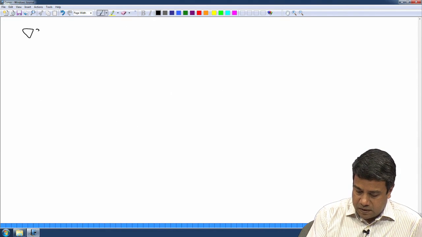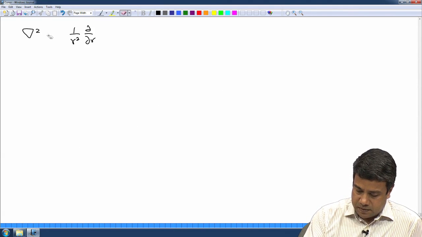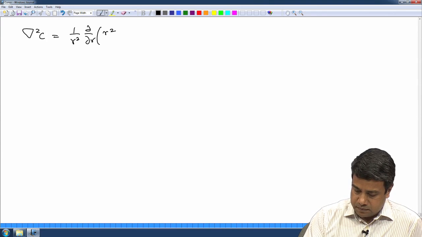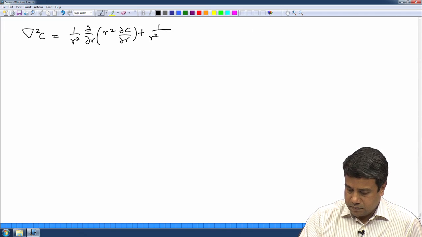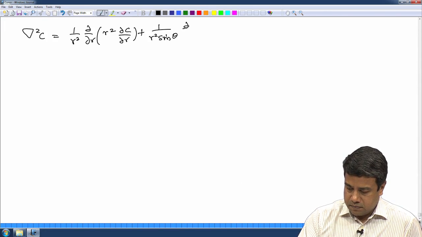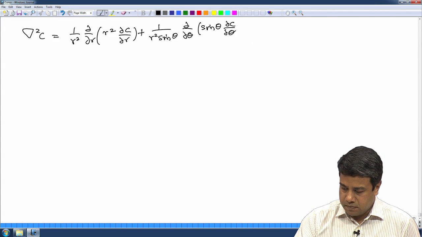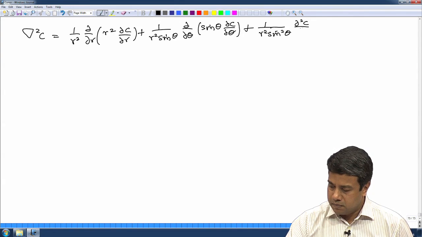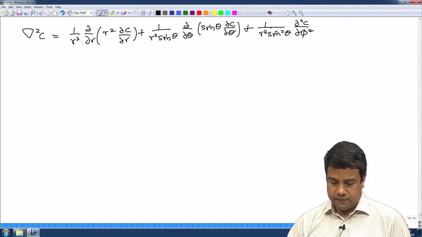In a spherical coordinate system, del square is equal to 1 by r square d by dr. Okay, so let me just put this as that is the Laplacian of the concentration.